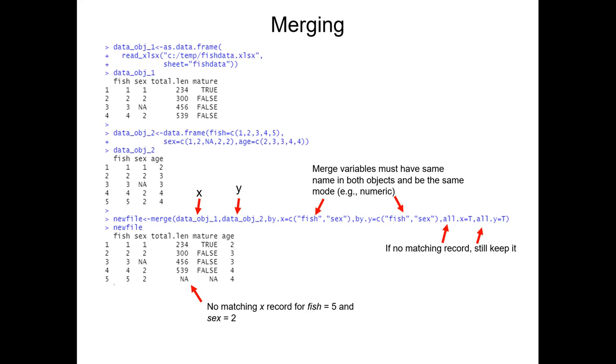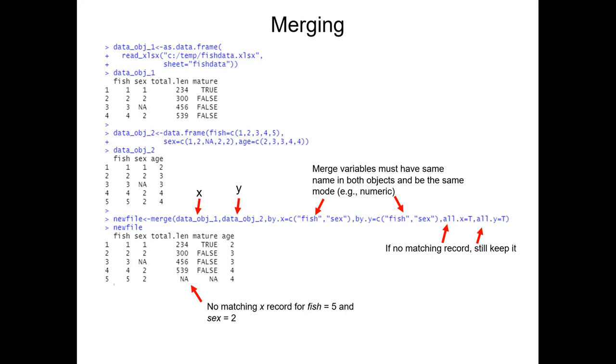The first one is by.x, and that refers back to the first object in the first position, so we want to use the names fish and sex. The second argument is by.y, and that refers to the second data object. Please note that you have to have the same names within each of those two objects in order to merge them. So we want fish and sex to be the same.